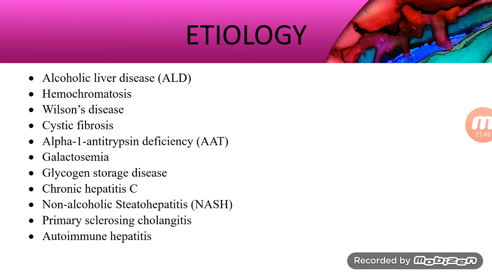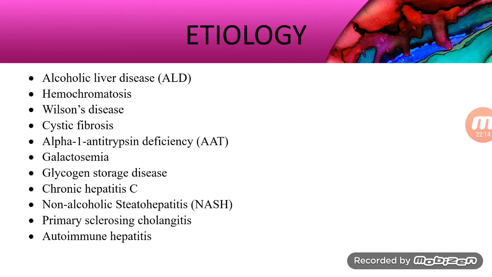Alcoholic liver disease is associated with the prolonged use of alcohol. So due to the prolonged use of alcohol, if the liver cells are damaged, then there will be a disease called alcoholic liver disease. Due to that also, liver cirrhosis can occur.